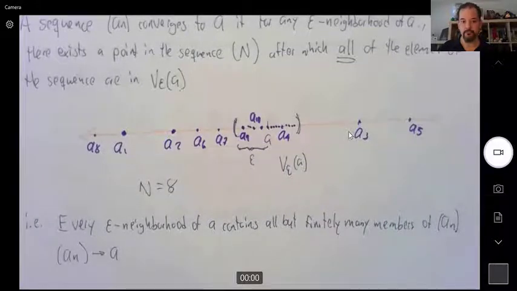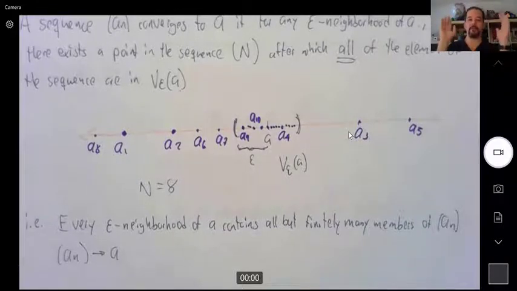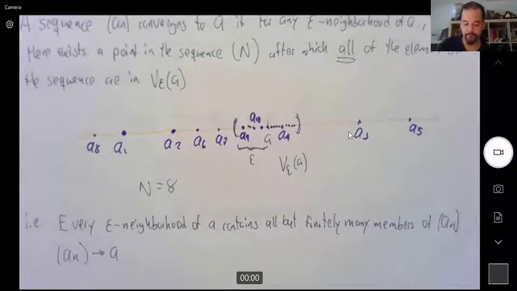There has to be a point where it's within epsilon, so you can count how many are not in it. Yes, exactly. The finitely many members are the ones that were left out of the interval.